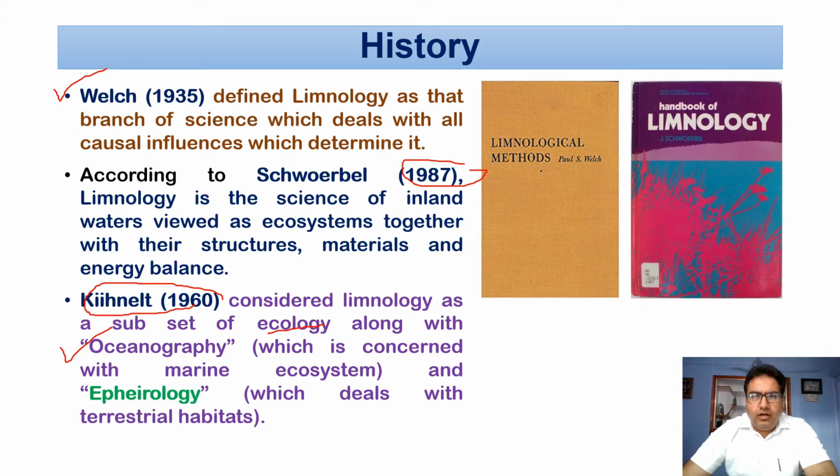So in short, limnology is the study of all aquatic systems, including lakes, wetlands, marshes, bogs, ponds, reservoirs, streams, rivers, etc., with regard to their physical, chemical, and biological characteristics.